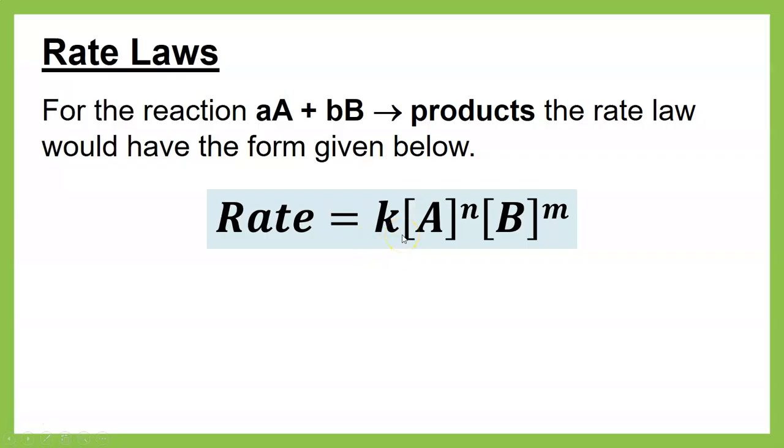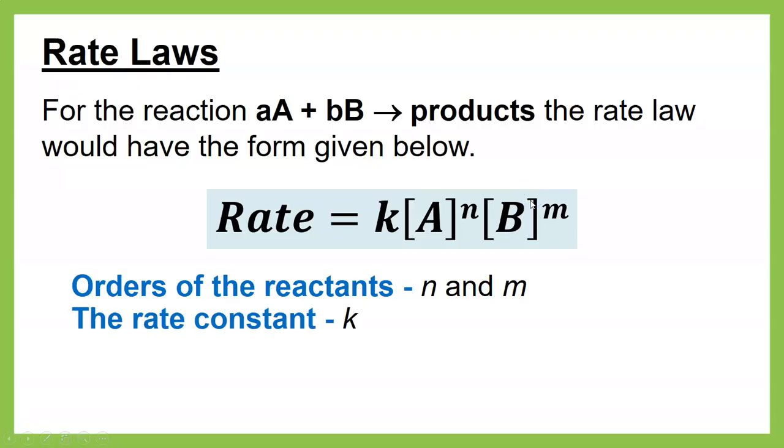This is a lowercase k. We have our concentrations of our reactants, and they're raised to what we call the orders, the exponents. Remember that the products don't appear in this. It's just the reactants. We are just trying to determine the rate based on how those reactants are colliding.